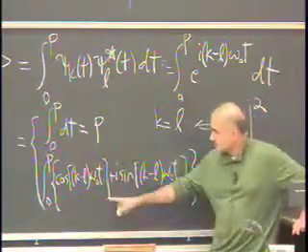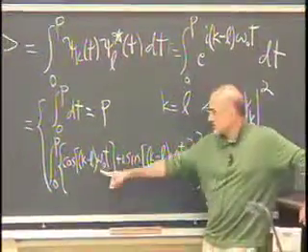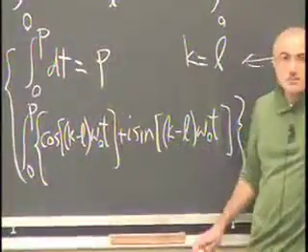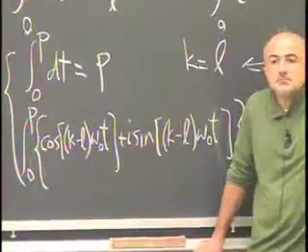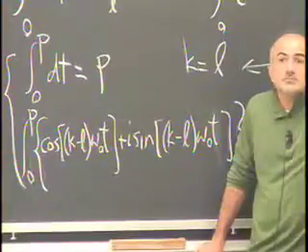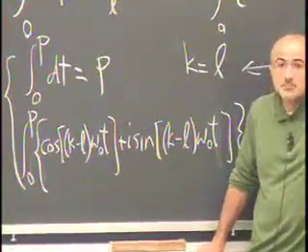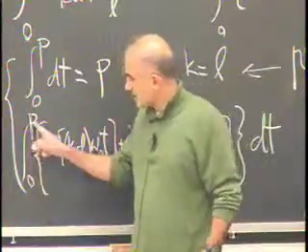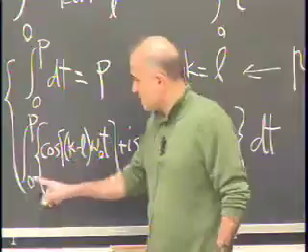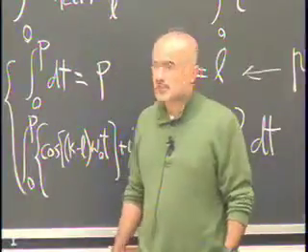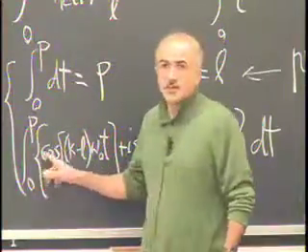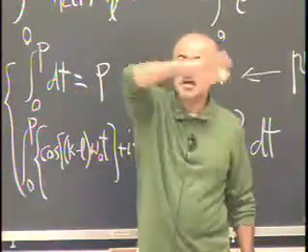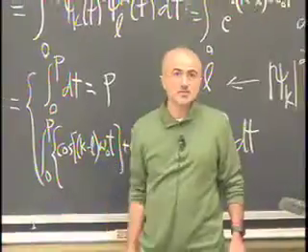Okay? Let's look at each of these terms. This first term. What kind of a function is this? Periodic. With period what? P. I'm integrating a periodic function with period P over one period. And this is not just any periodic function. It goes up, and then it comes down. It spends as much above ground as below ground.